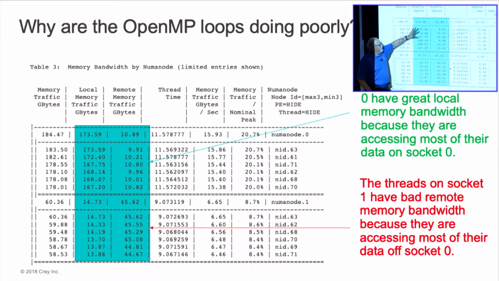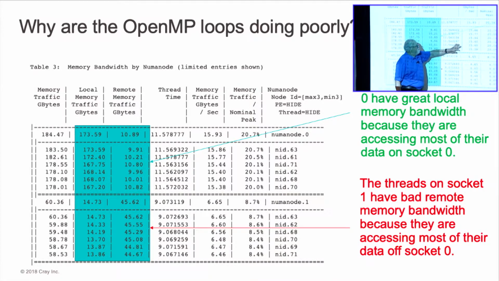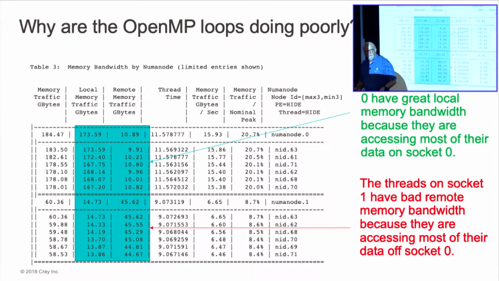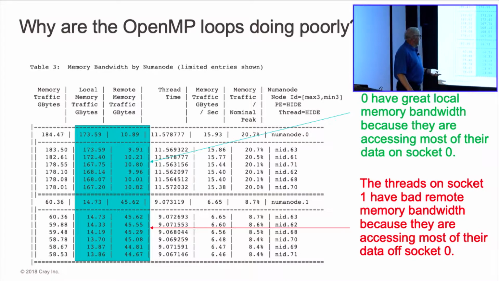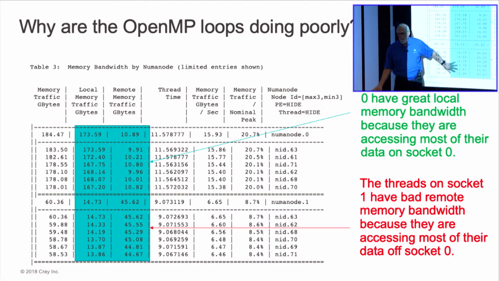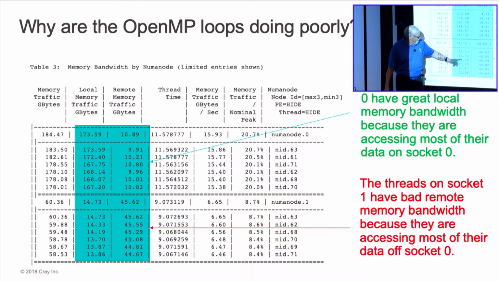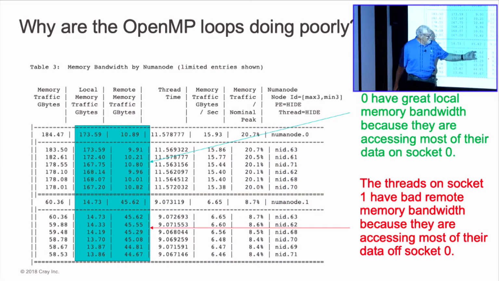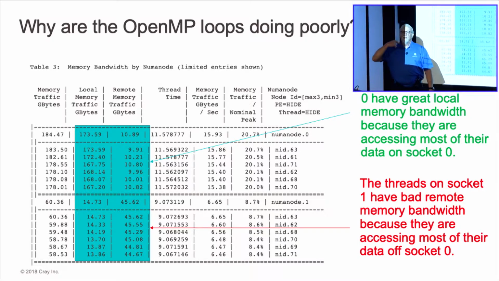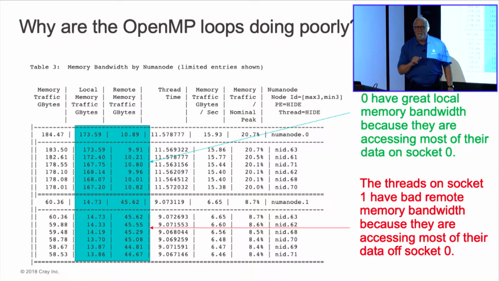So these are pretty good. In fact, we're getting 20% of the memory bandwidth there. But these threads that are on the other socket are horrible. Most of the memory fetches are on the socket it is not on.